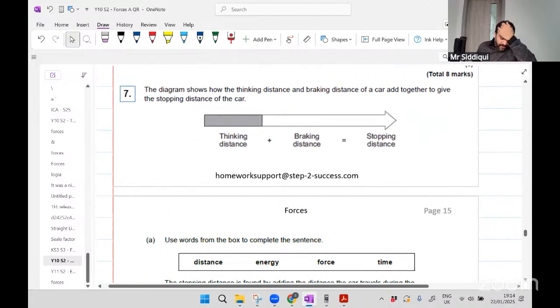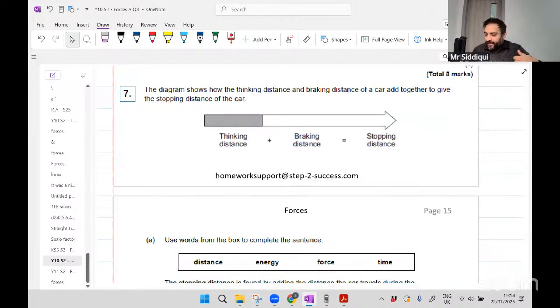The diagram shows how the thinking distance and braking distance of a car add together to give the stopping distance. If I just do a little recap of the stuff that you should have covered in the lesson, this whole stopping distance begins when the driver sees the hazard. So if there's someone that's run out in front of the road, for example, that would be a hazard.